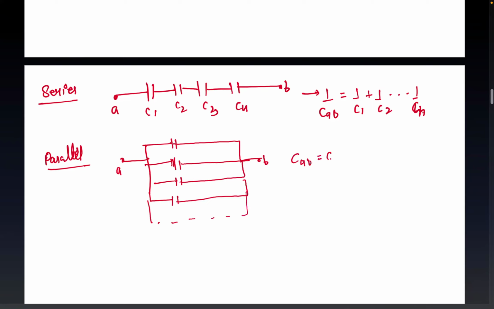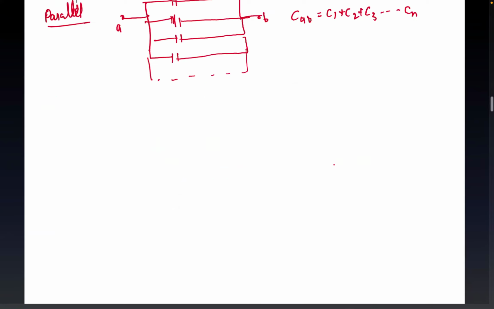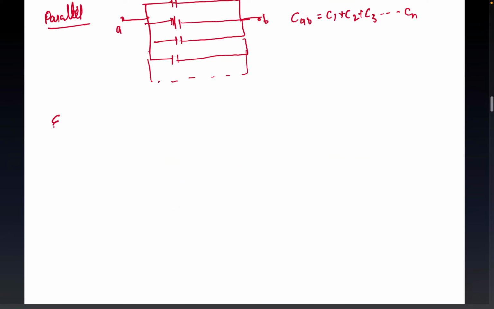CAB equals C1 plus C2 plus C3 and so on. If you see, it is just the opposite of resistance. In the case of resistance we see this kind of thing in series and that in parallel, but here things get different. Energy. Let's talk about energy, and how energy will look in a series combination.